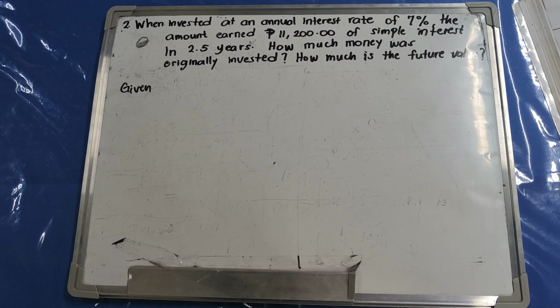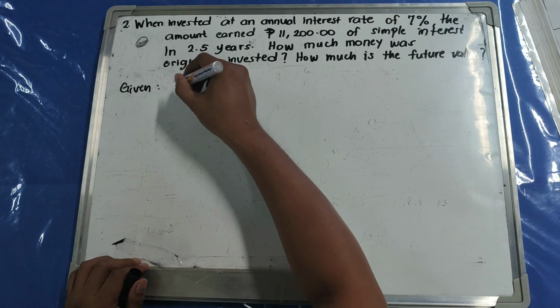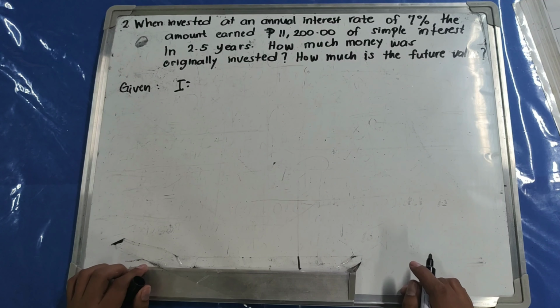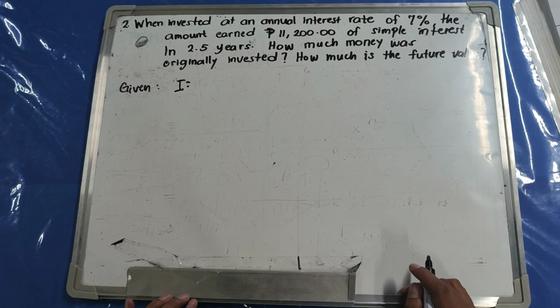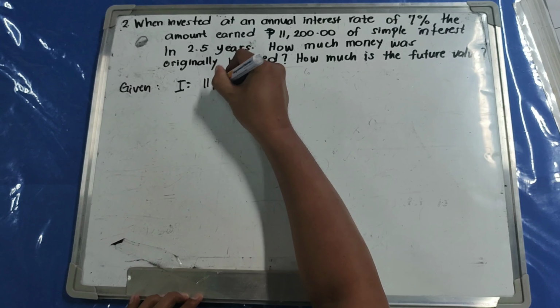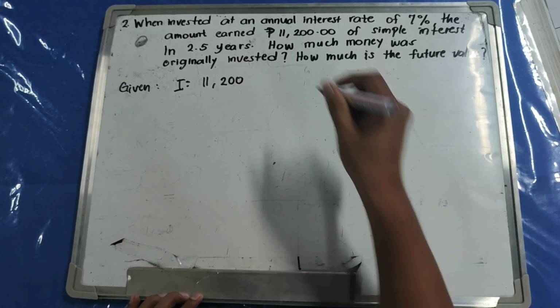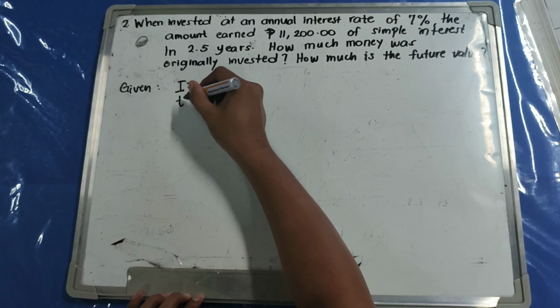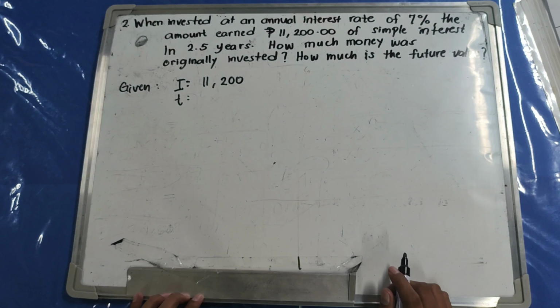And when we say interest, it is the amount earned from the investment or the amount gained from the investment. So our interest here is 11,200. That is our interest. And our time, when we say time again, it is time in years.